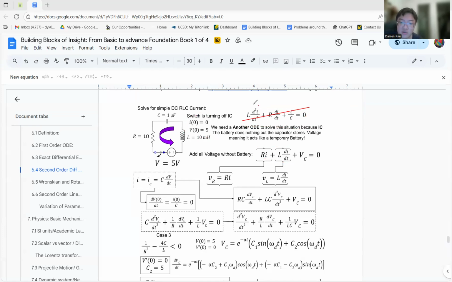This is adding all the voltages. Wait, did I do this correctly? Okay, I did this wrong.